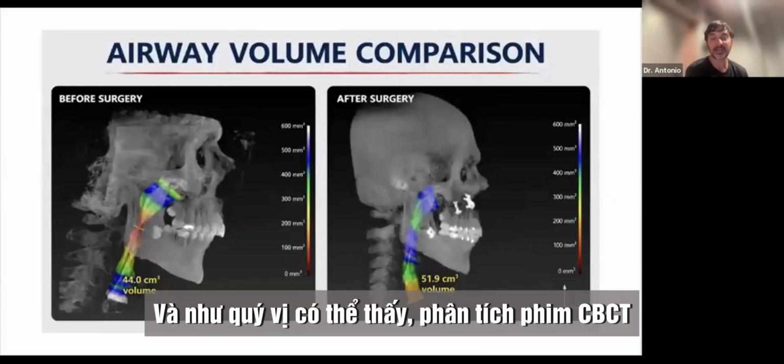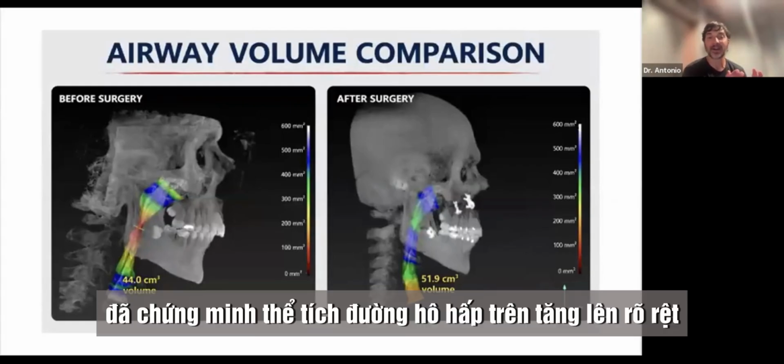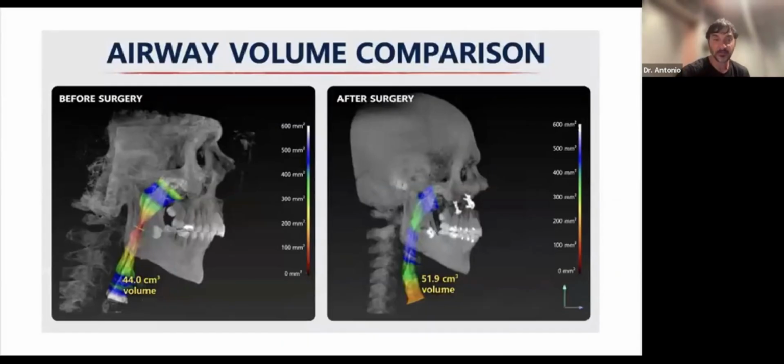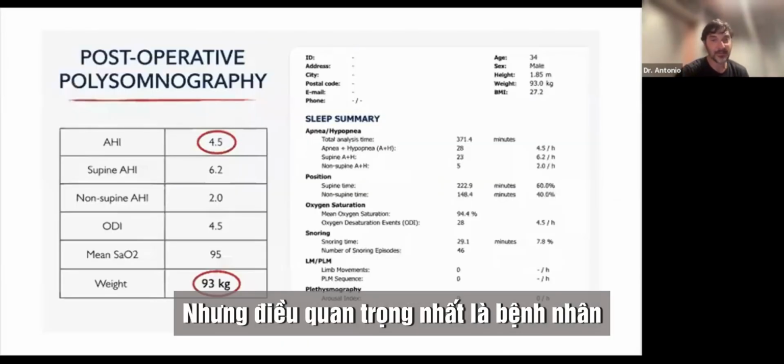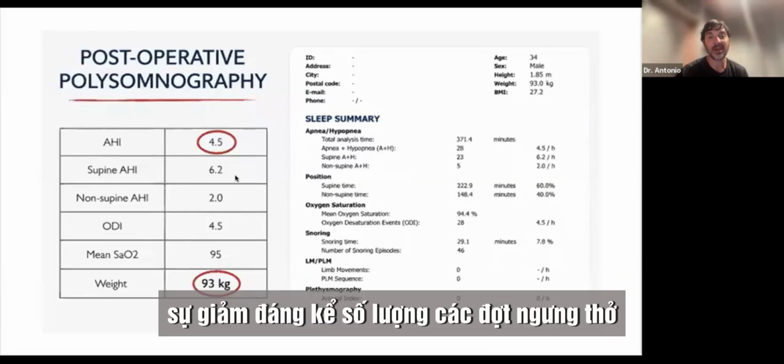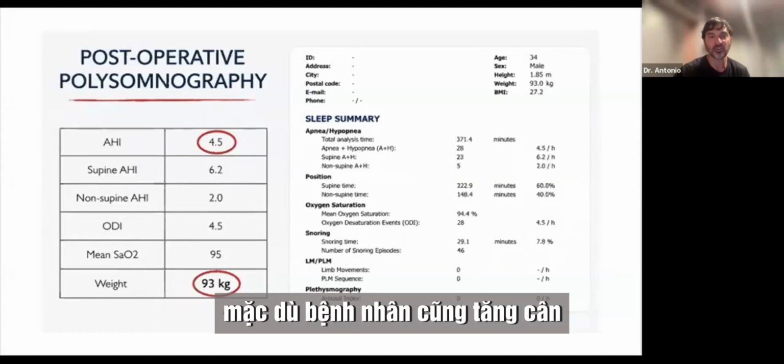And as you can see, the CBCT analysis demonstrated a marked increase in upper airway volume following orthodontic surgery compared with the preoperative condition. But the most important thing is that the patient showed a remarkable reduction in the number of apneic events, although he also gained weight.